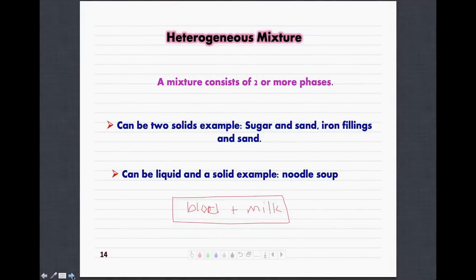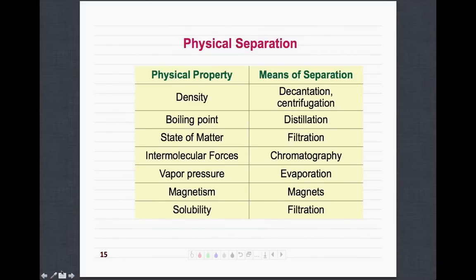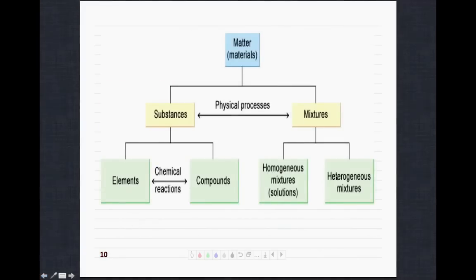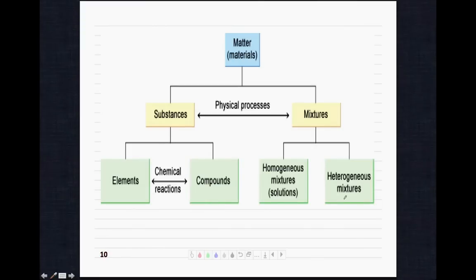Now we said, if you go back to that map that I did, we have hetero and homogeneous mixture. Usually we can go from heterogeneous mixture to the pure matter by physical processes.